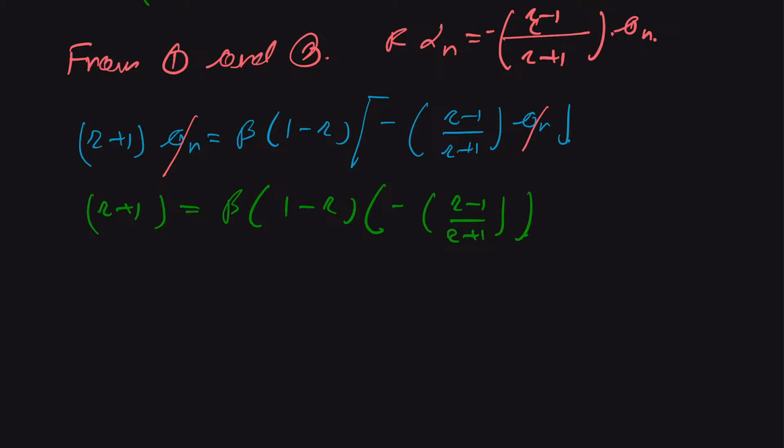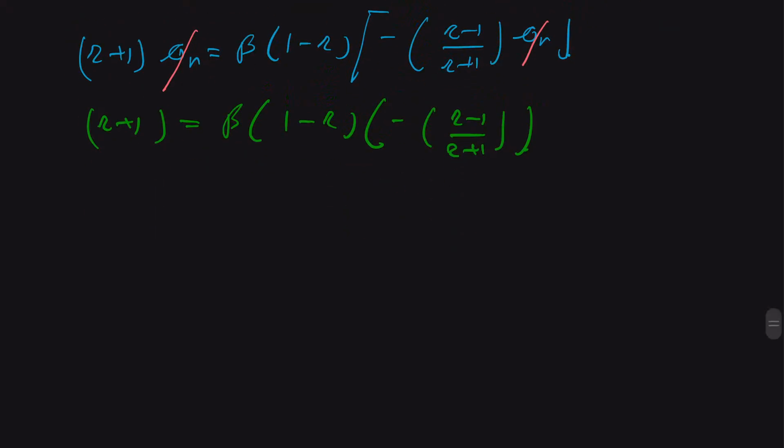Okay. And we multiply both sides by r plus 1, so we get r plus 1 whole square is equal to beta, and from here we take minus common, so this will be minus 1 minus r whole square, r minus 1 whole square.